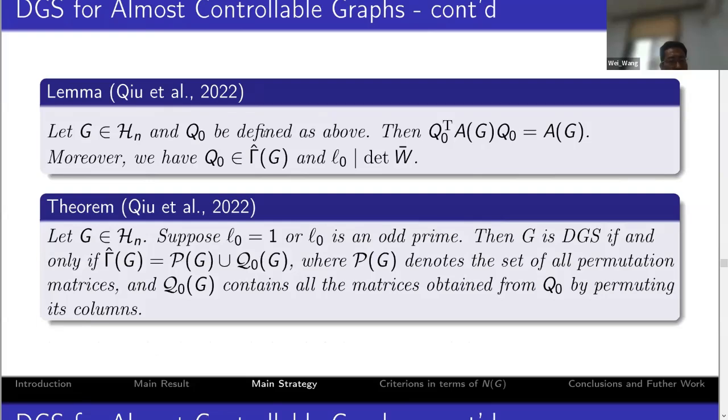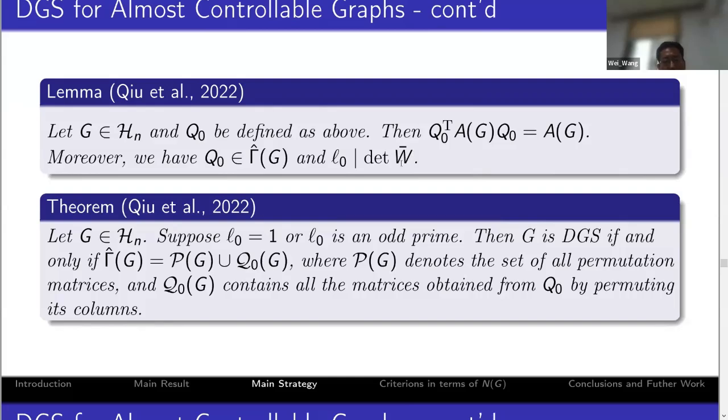Also we have this lemma. Suppose G is an almost controllable graph, and let Q0 be the Householder matrix. Then we have this equation. Moreover, the level of Q0 divides the determinant of bar W.